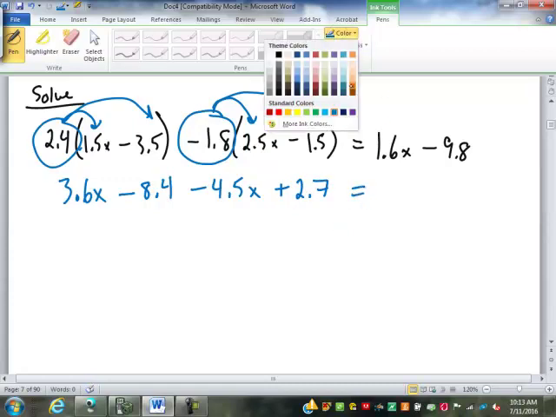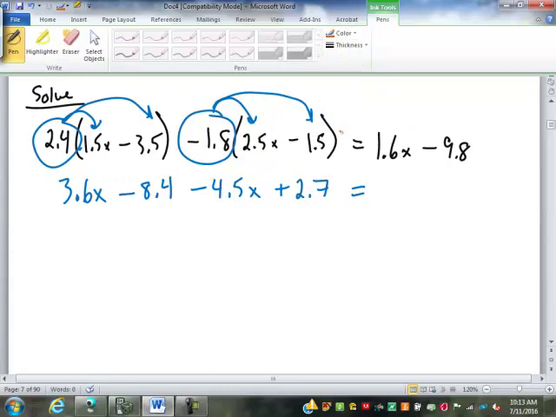And now we're going to finish off this left side. Is there anything we can combine over here? Yeah, 3.6 and negative 4.5 make negative 0.9x, is that correct?